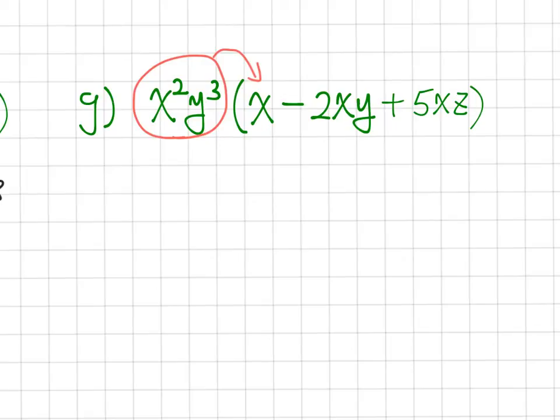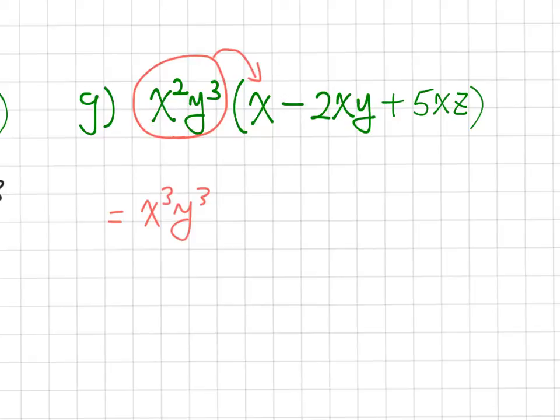So here we have x squared y cubed times x. So this will give you x cubed, y cubed. Again, that's because it's x squared times x, x cubed, y cubed times, well, there's no y, so it just follows along. Now, the next one is then positive 1. Again, remember, if there's no coefficient with a letter, that means it's 1. And there's no negative sign, so it should be positive 1.